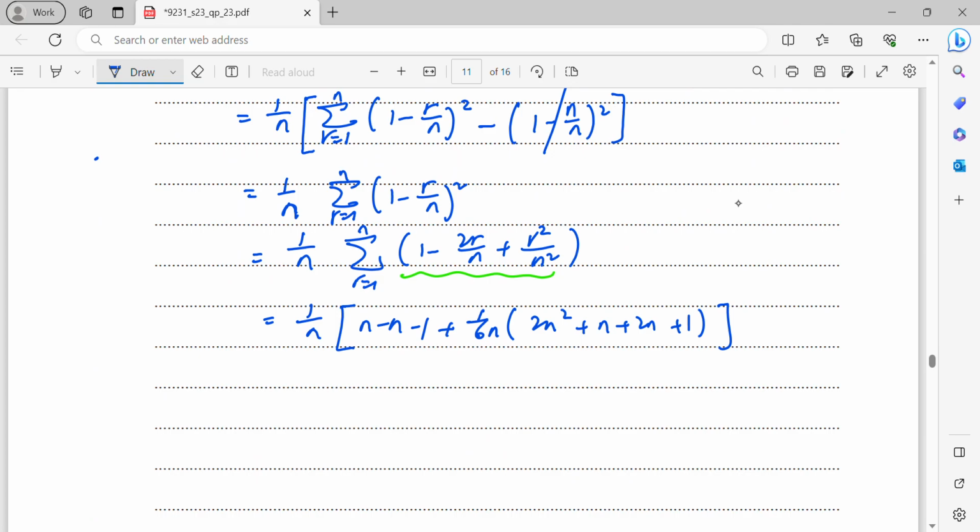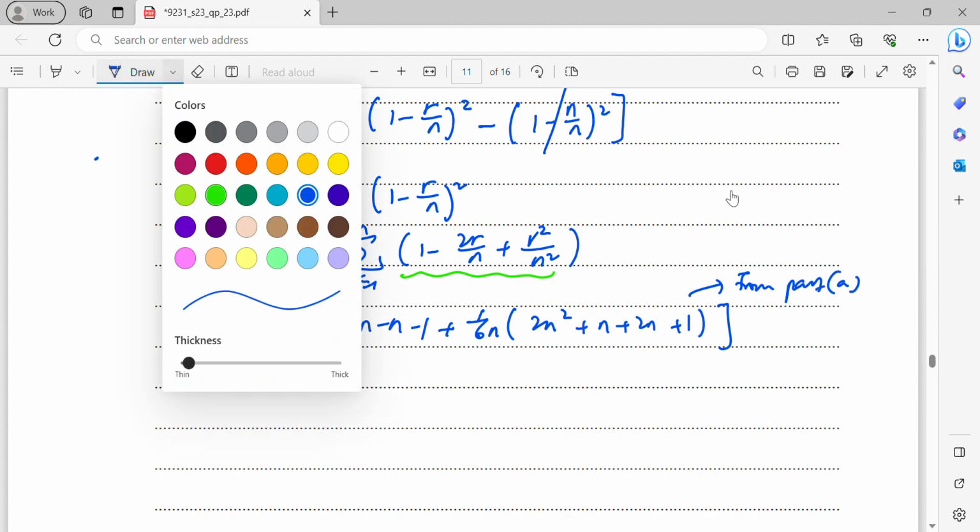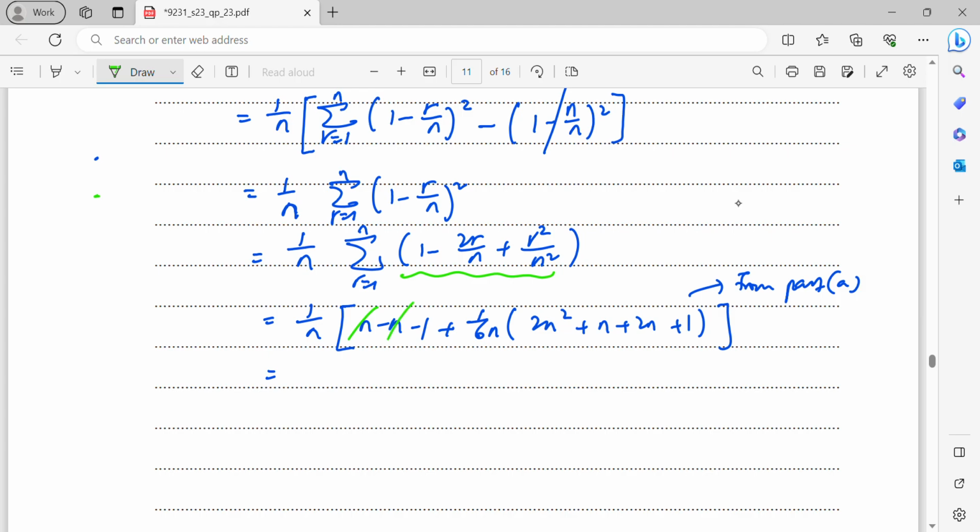This is from part A. Now you can simplify, and then you will get, I factorize the 6n. So this 6n multiplied with this n will be 6n squared.